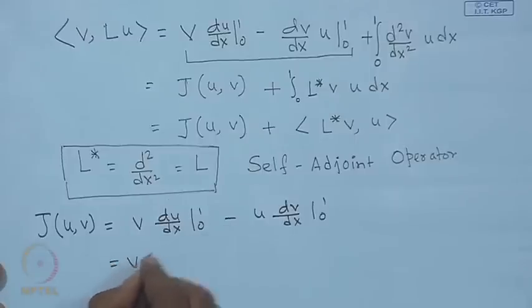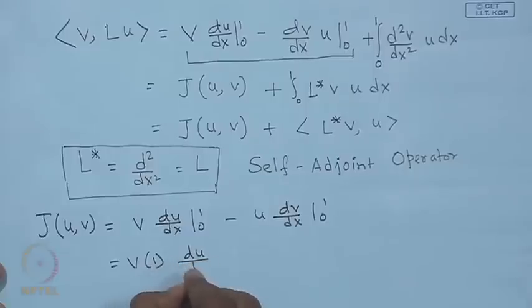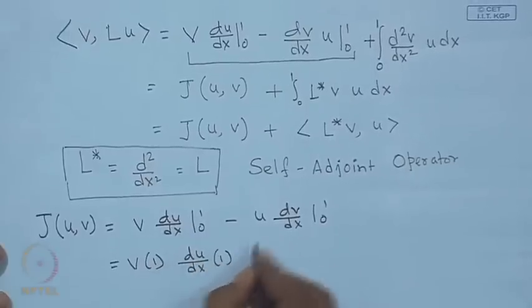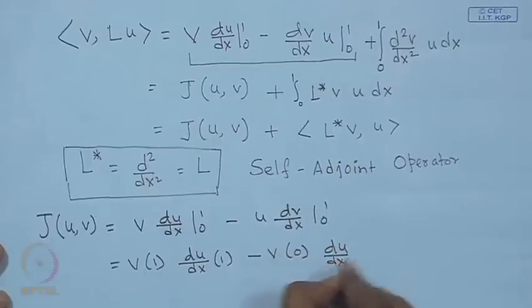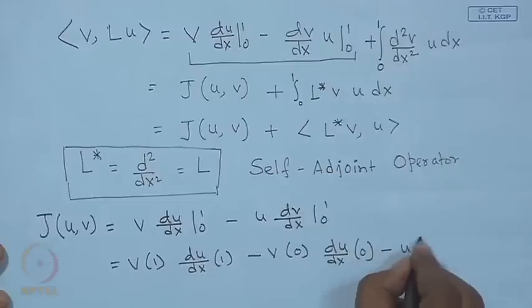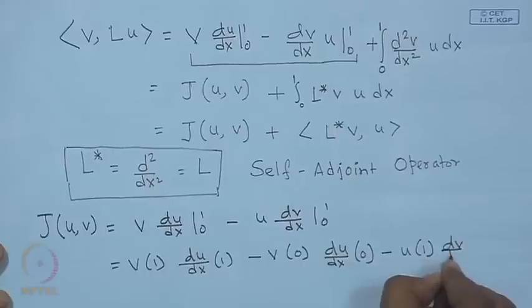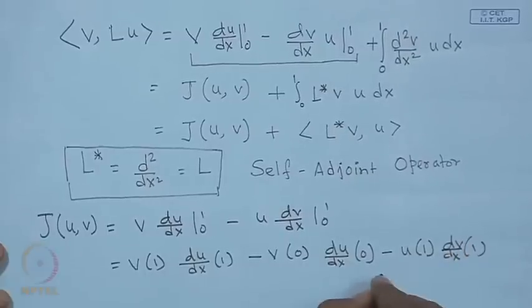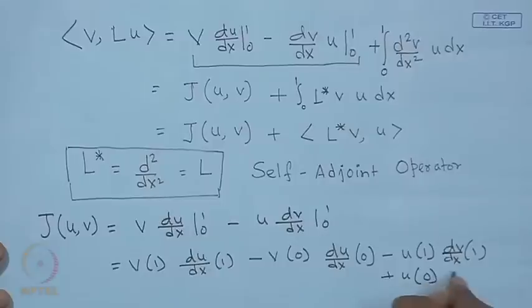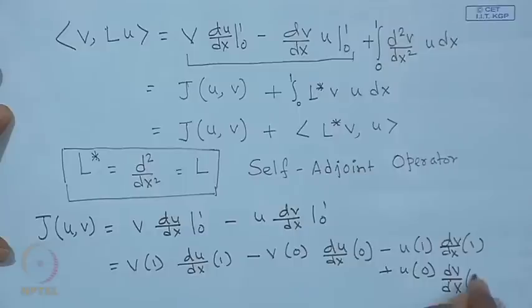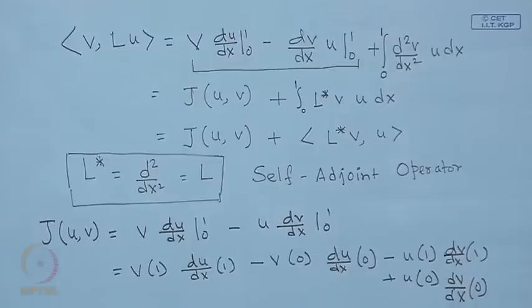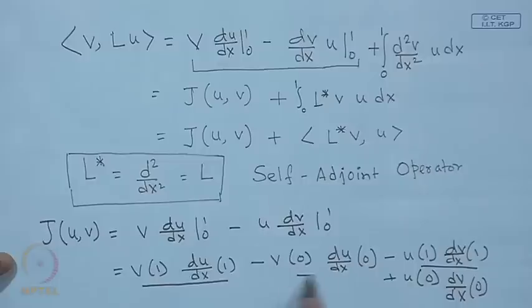So, v at 1 du/dx at 1 minus v at 0 du/dx at 0 minus u at 1 dv/dx at 1 plus u at 0 dv/dx at 0. So, we take the boundary conditions at 1 and boundary conditions at 0 together and see what we get.